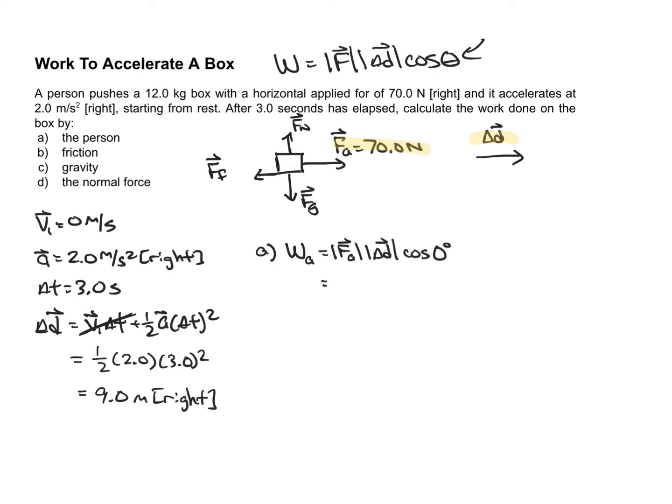So the result is 70 newtons times 9 meters times 1. Now that times 1 is not going to do anything. So 70 times 9 gives me 630. This is going to two significant digits, so 6.3 times 10 squared joules. Okay, that's part A.